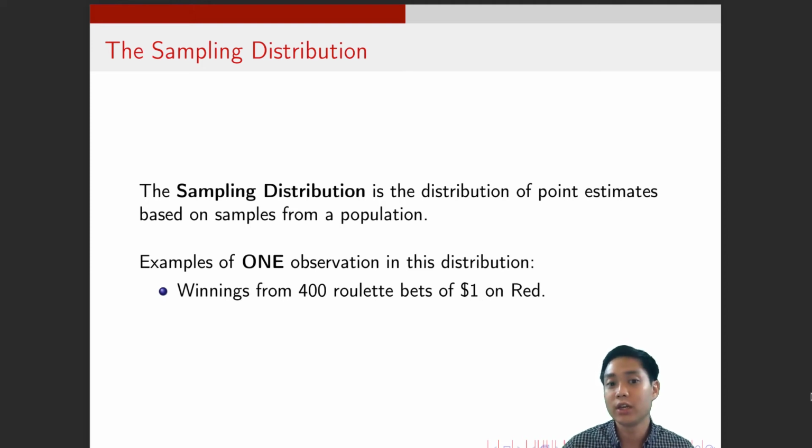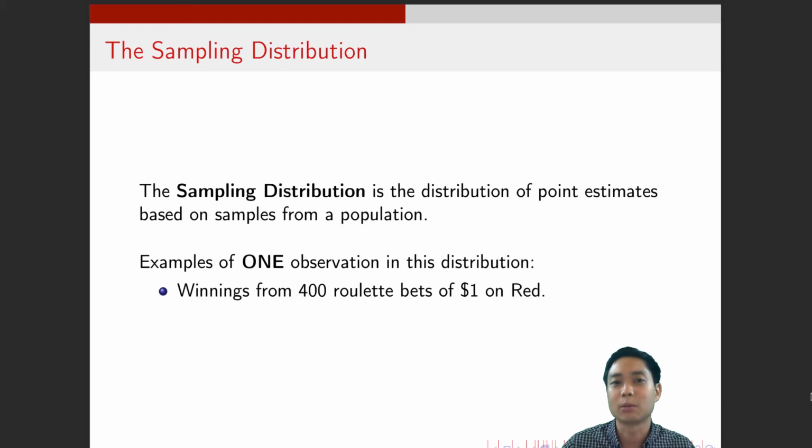And so usually we observe just one observation from this distribution. Usually, you're not going to go to the casino and do trials of 400 bets many, many times. You're going to just go once, do what you do, and that'll be it. A better example might be if you do a survey. You get one sample from the population, you give them a survey, and you get the results of that survey, and that's all you really have.